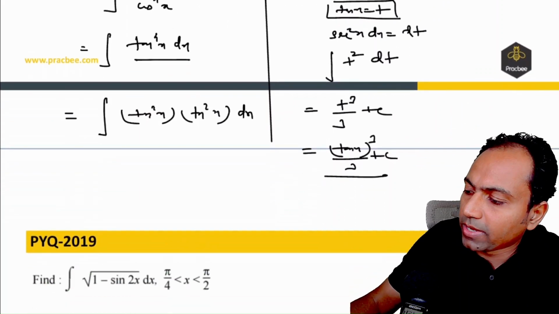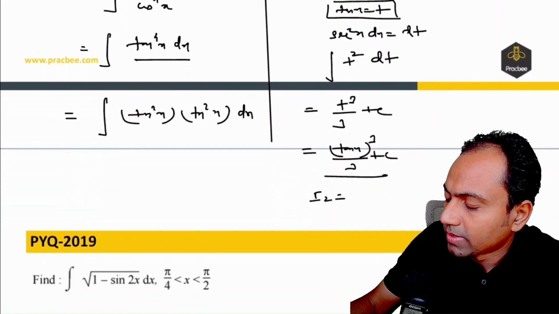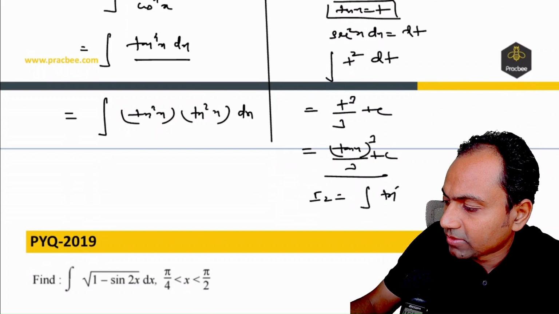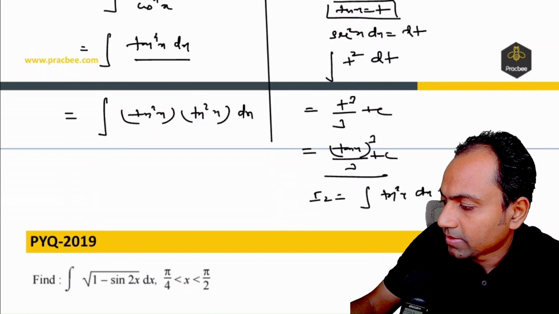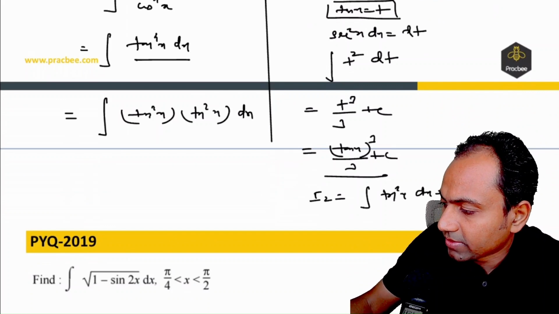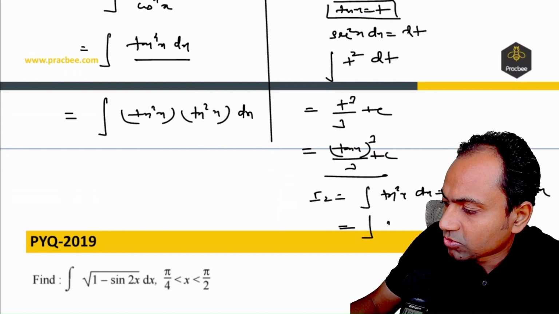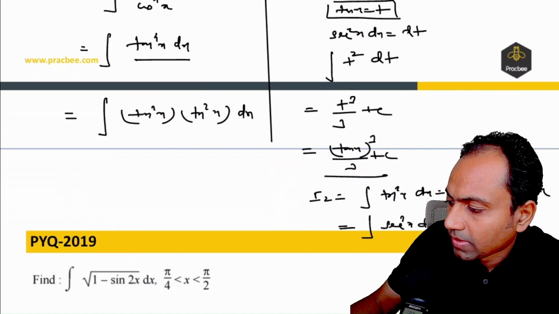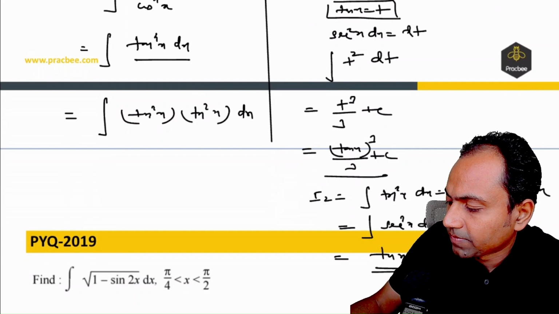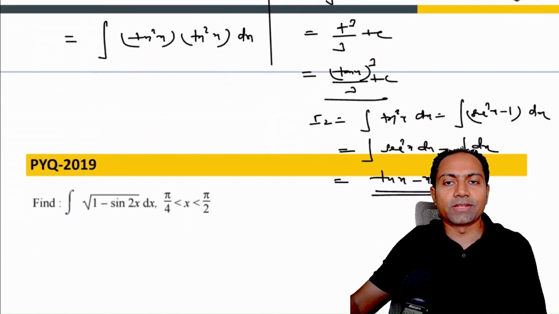If I look into my I2 part, it is nothing but integration of tan square x dx. tan square x can in turn be written as nothing but sec square x minus 1 dx, and we can now distribute our integral sign. And if I do so, this becomes tan x minus x plus c. You can see that we have got both the integrals right.